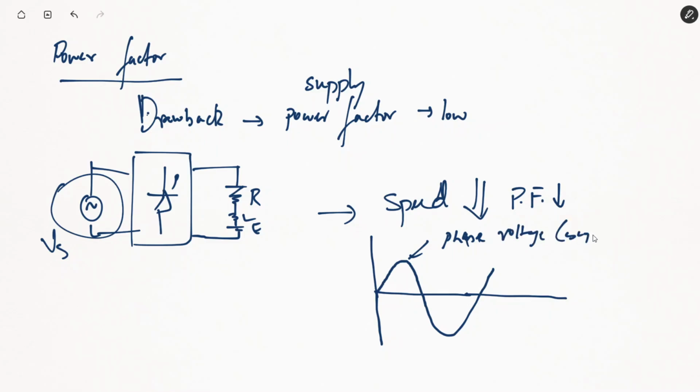This is a supply voltage, phase voltage. Because of the firing angle, what happens is our current will start operating delayed. There will be a delay in the rise of current.